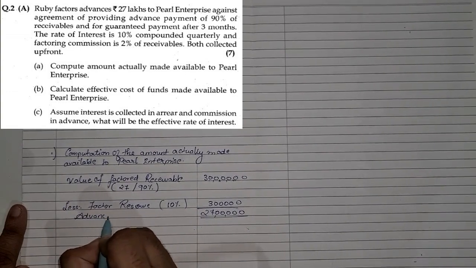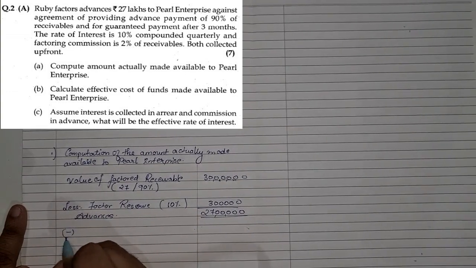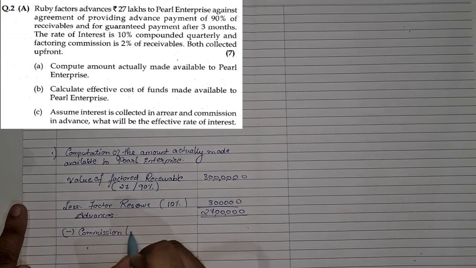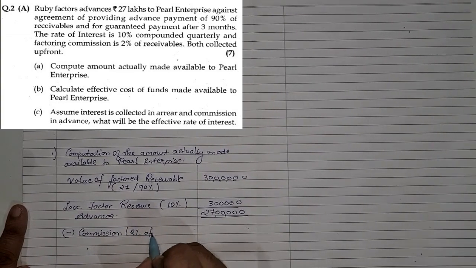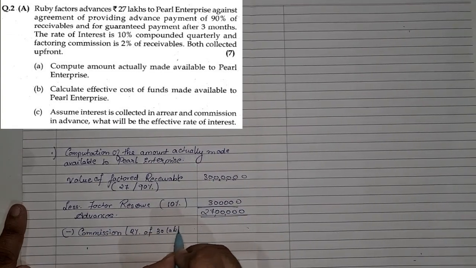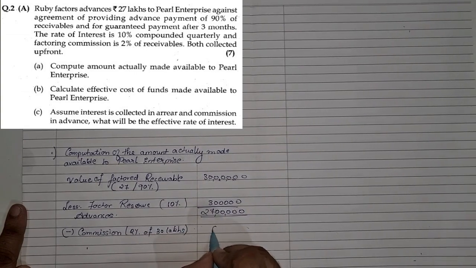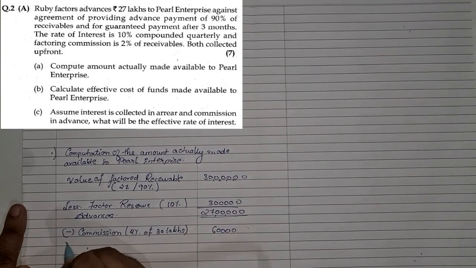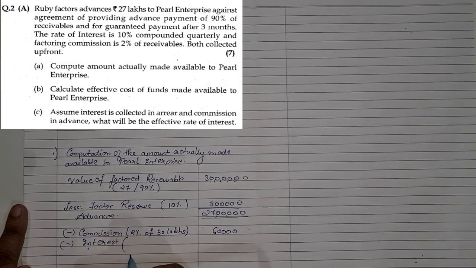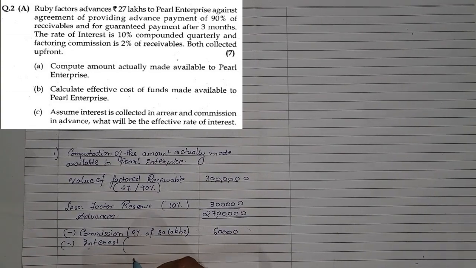So this 27 lakhs is nothing but the advance value. Now from this we have to subtract two things. Number one is commission. Commission is 2% of the value of receivable, so 2% of 30 lakhs, which comes to 60,000. Second, we have to subtract interest. The interest rate is 10%, and always on the advance value.